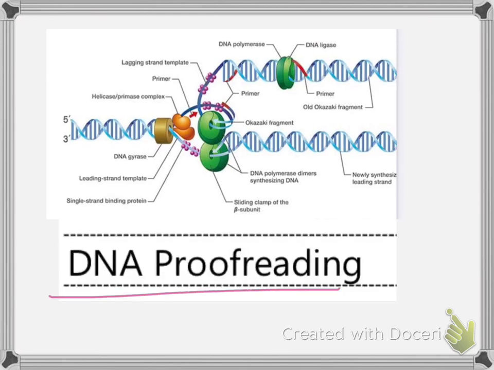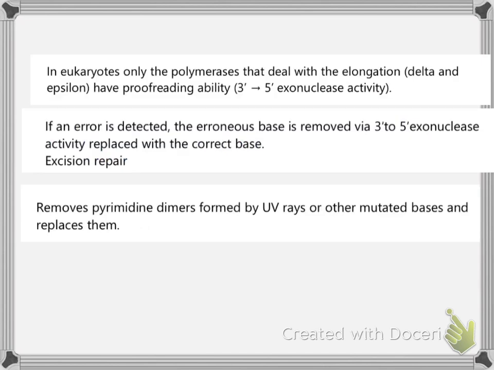Now let us discuss DNA proofreading. What is DNA proofreading? In eukaryotes, only the polymerases that deal with the elongation, that is delta and epsilon, have proofreading ability. That is 3' to 5' exonuclease activity.